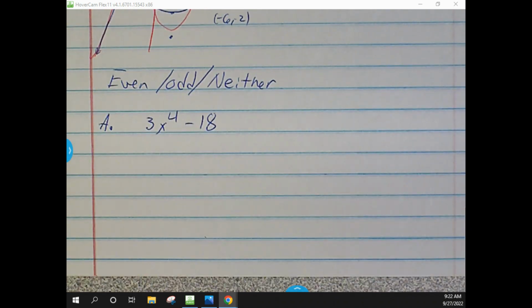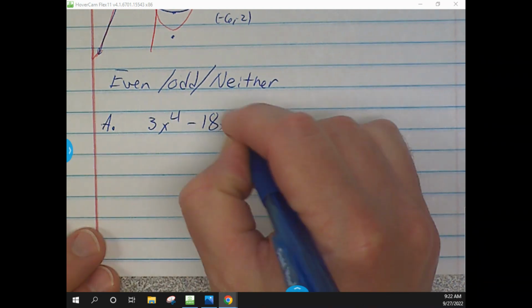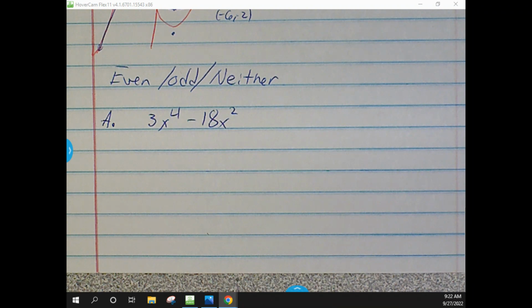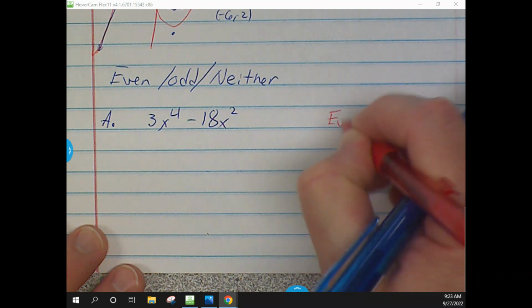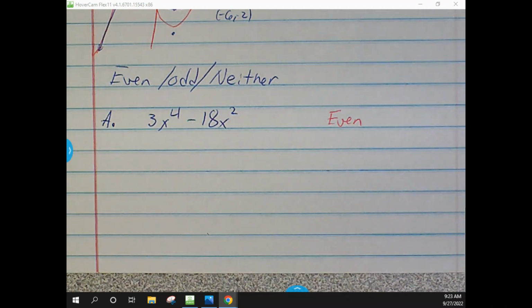All right, 3x to the fourth minus 18x squared. What are the exponents? 2 and 4, right? Both even. So guess what? It's an even function. Woo, there we go.